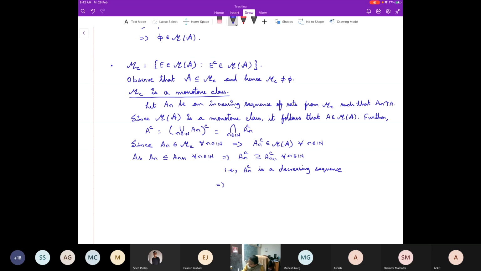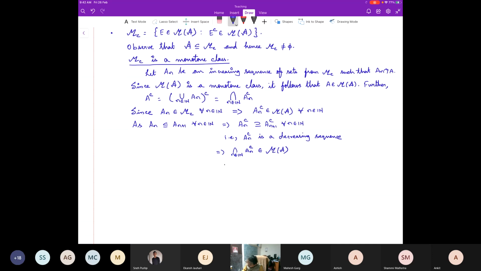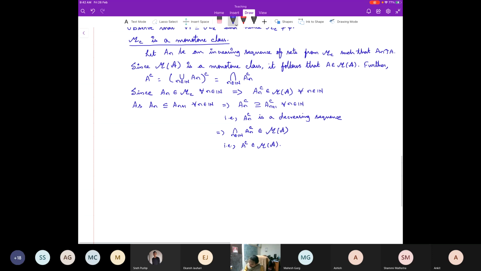So which will imply that the intersection over n in N of A_n complement belongs to M_A. That is, A complement belongs to M_A. So we have shown that both A as well as its complement belong to M_A.